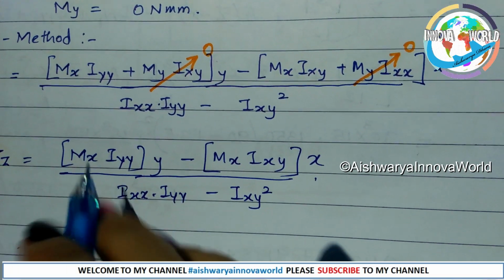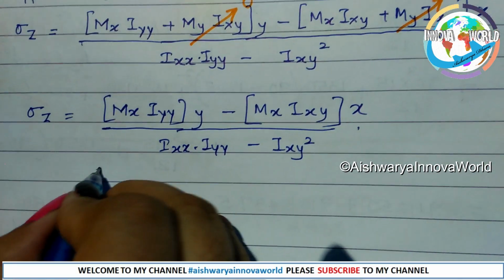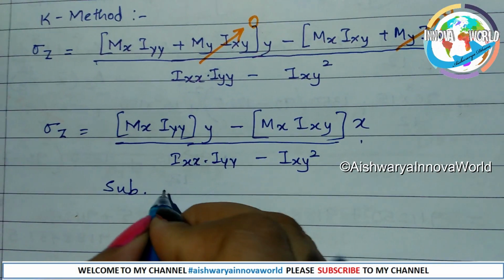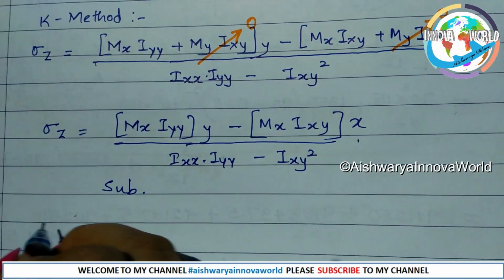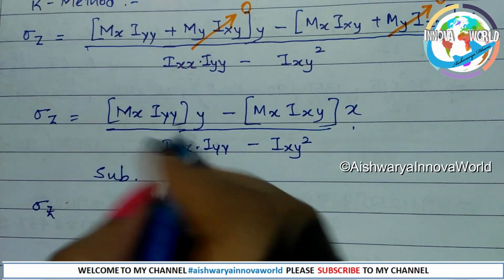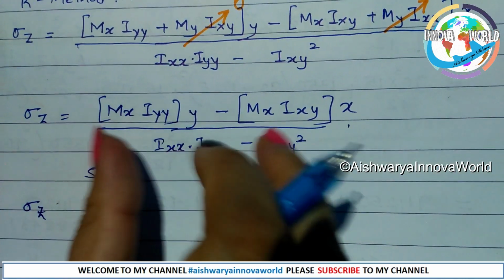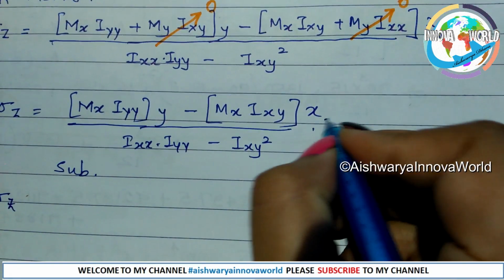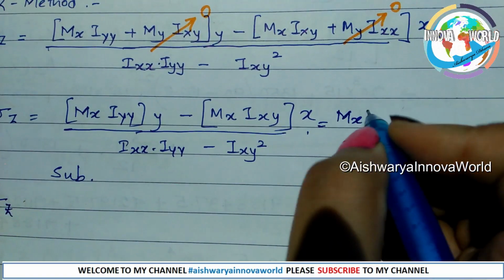Now what you do is very simple. You have to substitute the values in the above equation. Simplify it first, then you can take the Mx common.